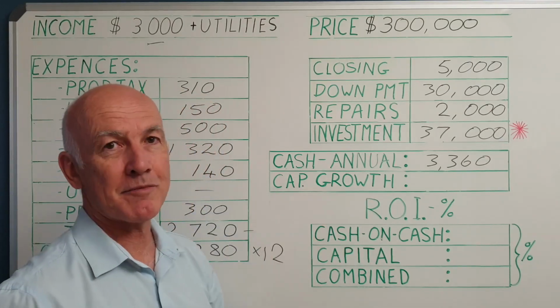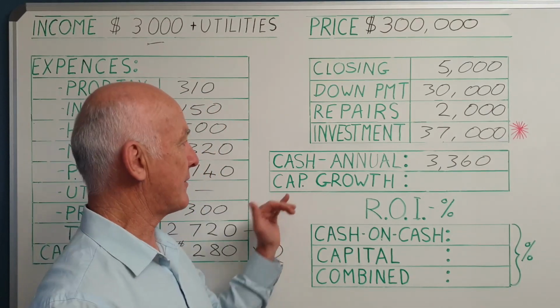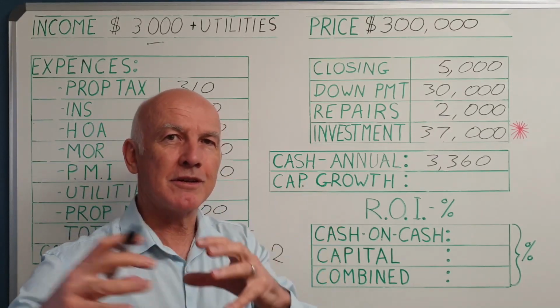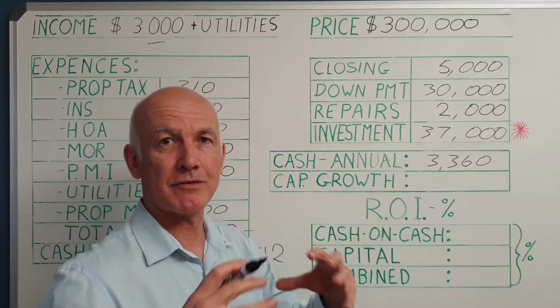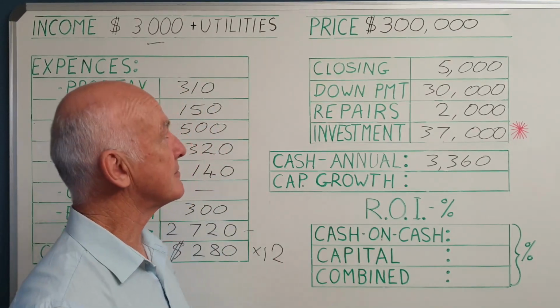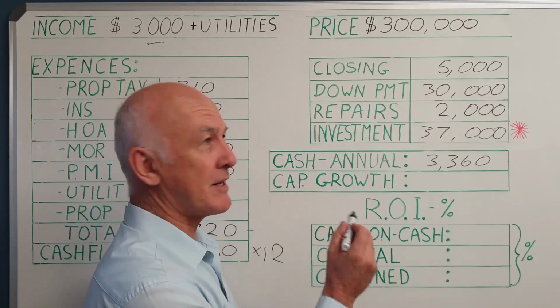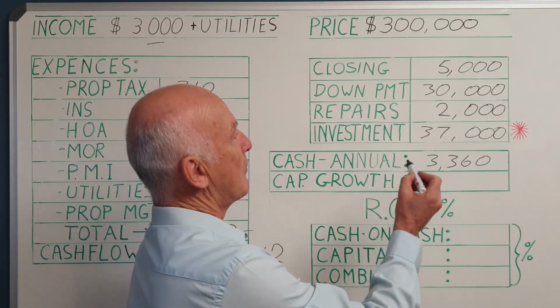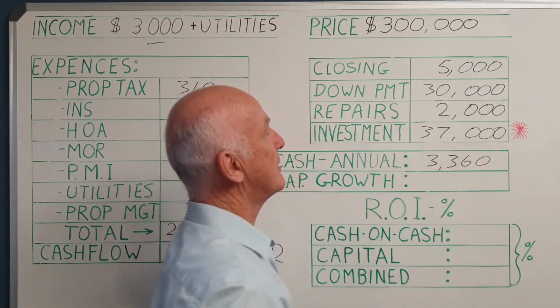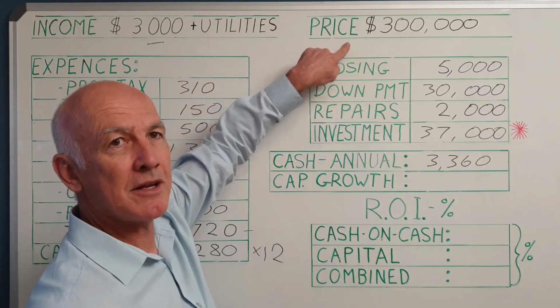So I've used 5% in this example, and bearing in mind the location of your property also affects your capital growth. So I'm going to use 5% here as an example. But now this is where it starts getting very exciting because we're looking at the return on investment. My investment is 37,000 US, but my purchase price is 300,000.